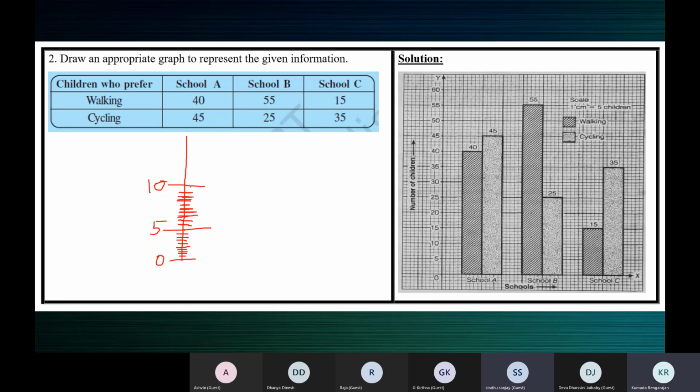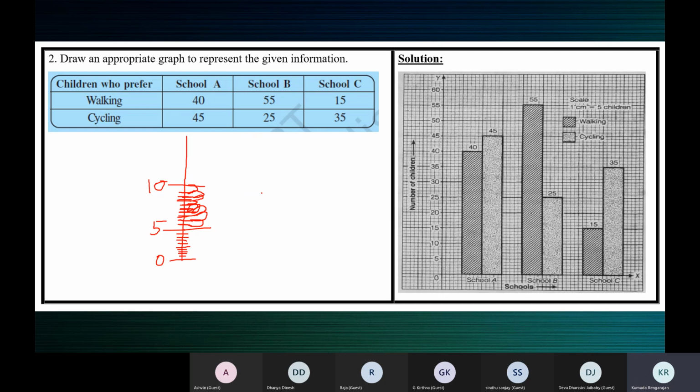We should say 5, 5.5, 6, 6.5, 7, 7.5, 8, 8.5, 9, 9.5, and 10. We should skip count in 0.5.